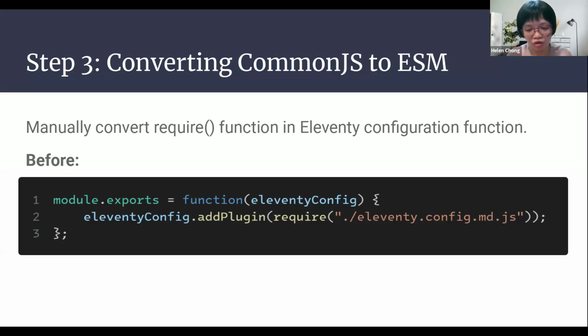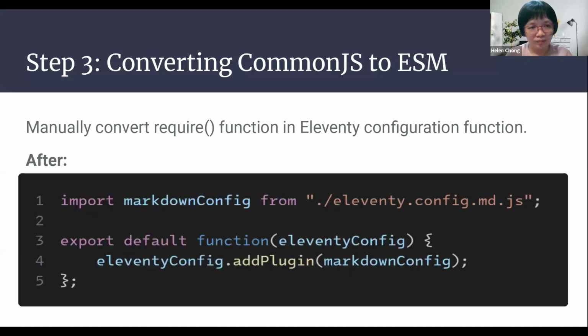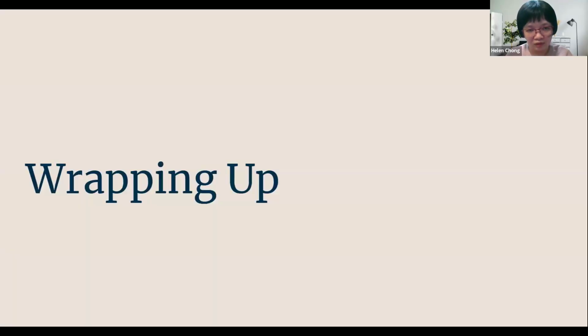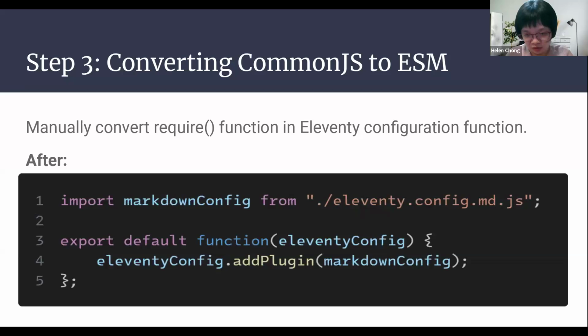So I needed to manually change them by adding the import declaration at the top of the file, then assign them variables. So the process of converting the CommonJS to ESM in my Eleventy website ended up smoother than I expected. It might be because my website is actually not that complex, despite having installed some plugins.